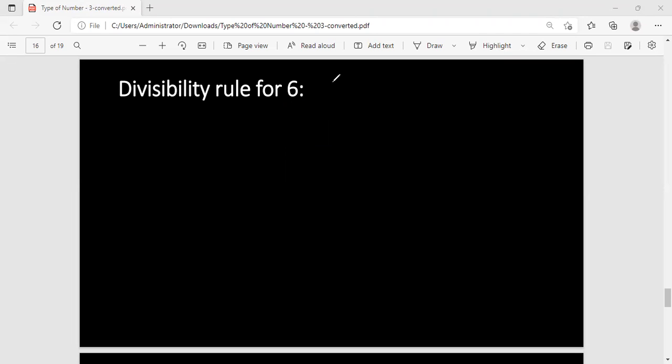And similarly, we can make our own divisibility rules for 12, 15, 36, 72, whatever, if you are comfortable with LCM. Now for 12, can you suggest any two numbers whose LCM is 12 and you know the divisibility rules for those two numbers? Can you say they are 3 and 4?